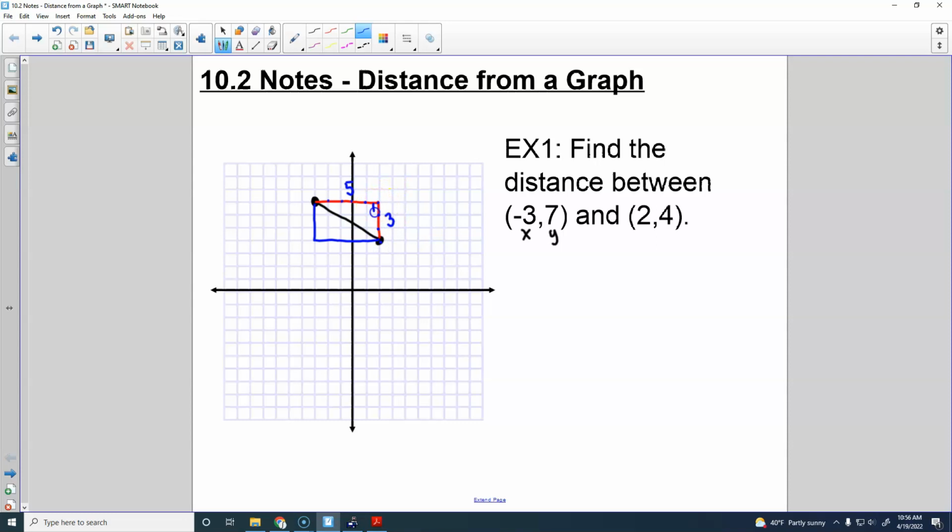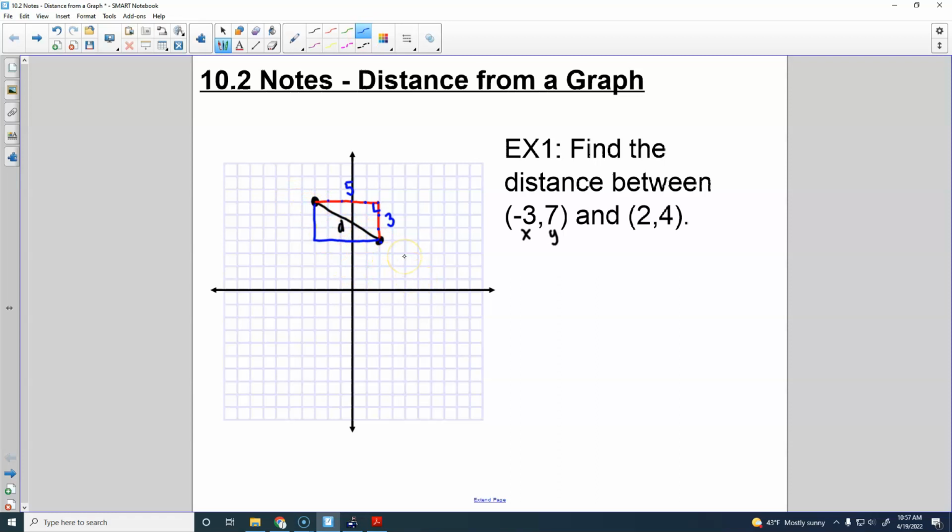Because I know those grid lines are perpendicular to each other, I have a right triangle here. The side that I want to find, I'm going to call it D for distance, but you can call it X, C, whatever you want. That is my hypotenuse here.